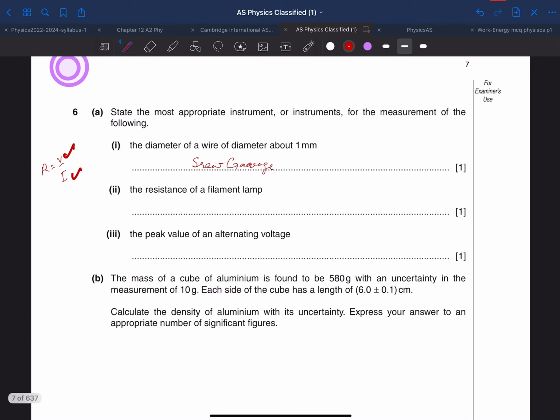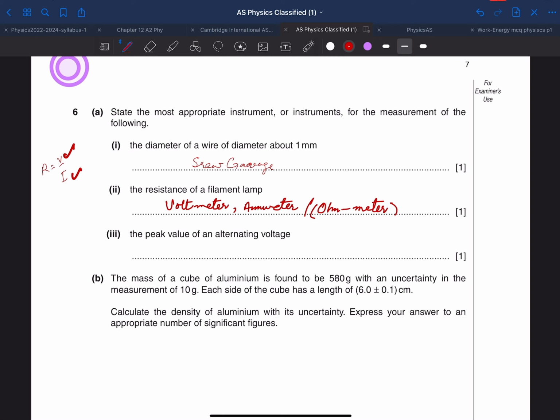So simply you can write that the answer is voltmeter and ammeter, these are the two instruments we have to use. Or even there is another instrument which can directly measure the resistance. So ohm meter is another instrument possible.